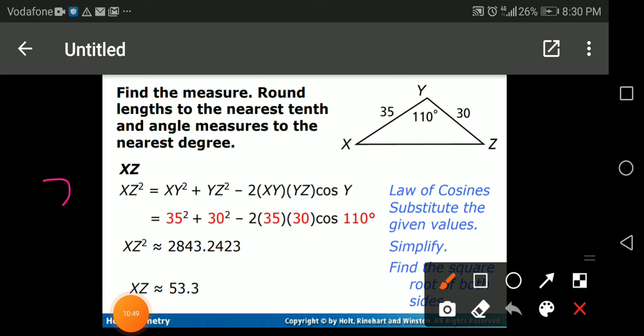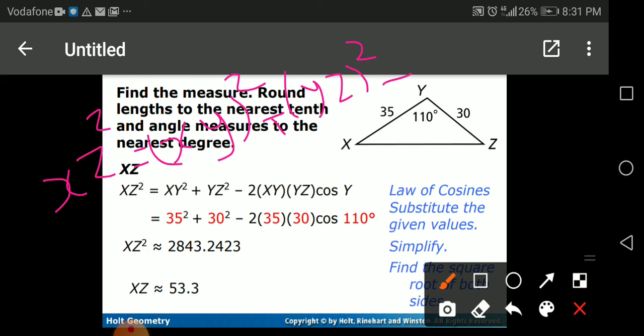So again, XZ² equals what? XY² plus YZ² minus 2. Let this be a, this b, this c, to make you remember.